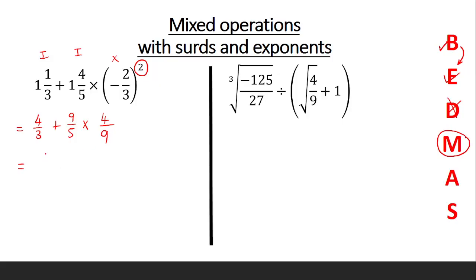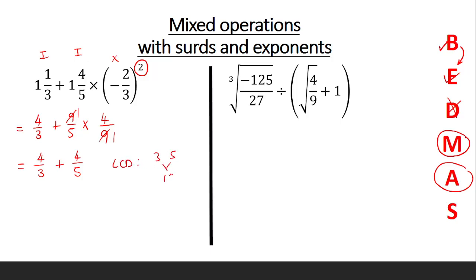Remember with multiplication, we can just multiply straight. We've got to look for cross cancellation. So I'm going to go there, the 9's can cancel, 1 and 1. And then we're just going to multiply numerator with numerator, which is just going to leave me with a 4 over 5. Then we're going to look at addition. And for addition, I need to get the LCD. Well, we've got a 3 and a 5.